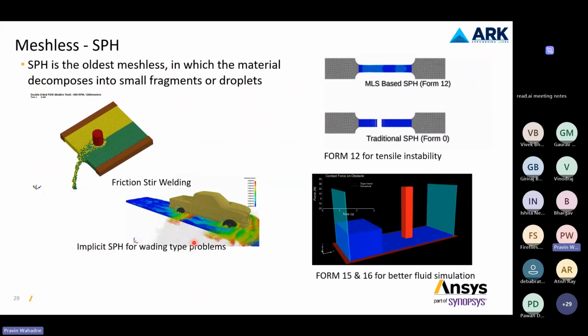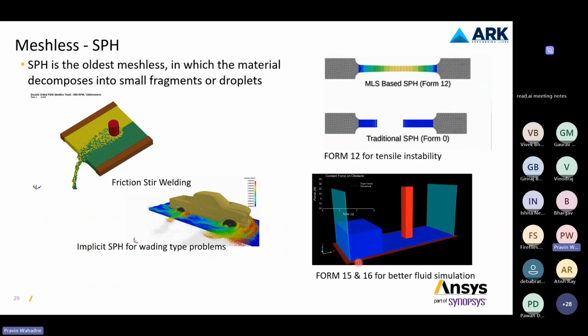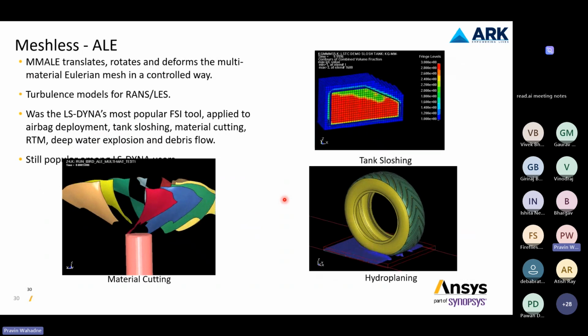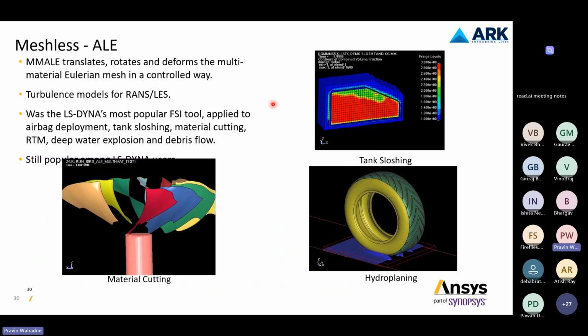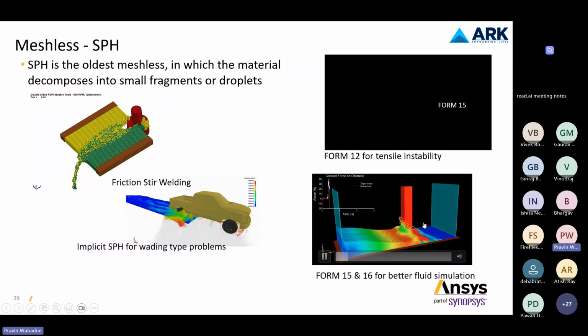Meshless: we generally say the SPH technique, smoothed particle hydrodynamics, is generally the oldest meshless technique and supports small fragmentation or droplets. You can use this simulation for various applications, even if you want to perform sloshing behavior.